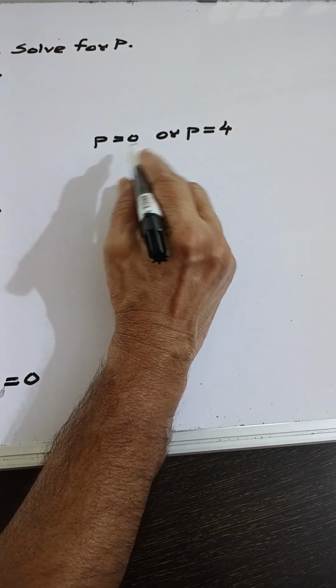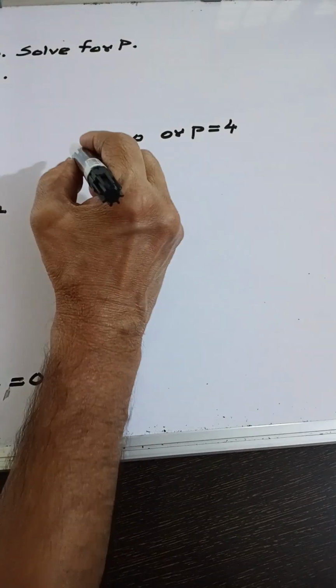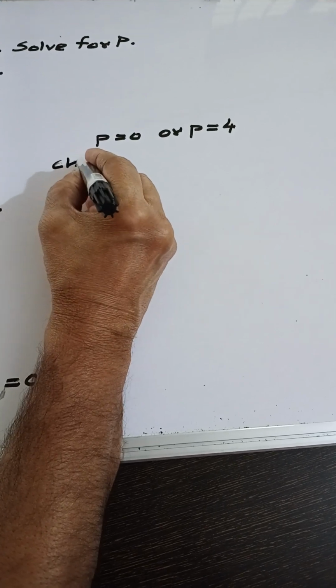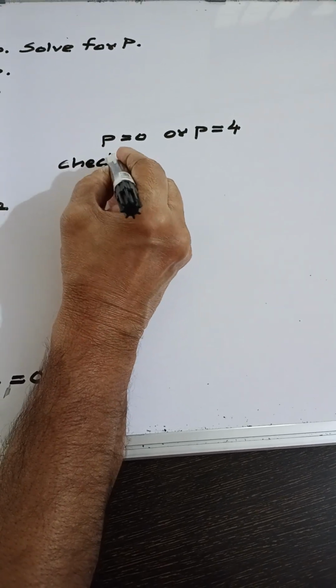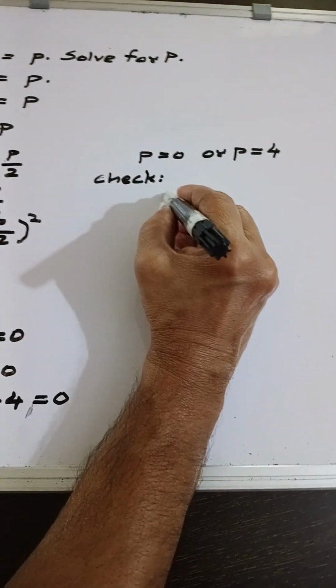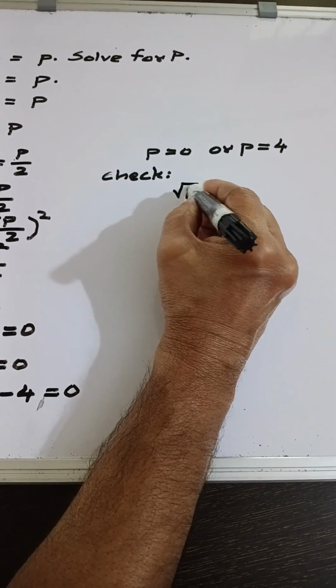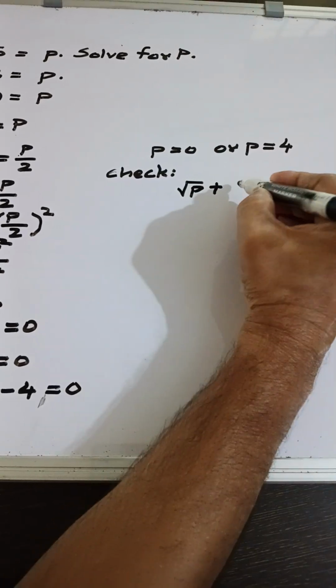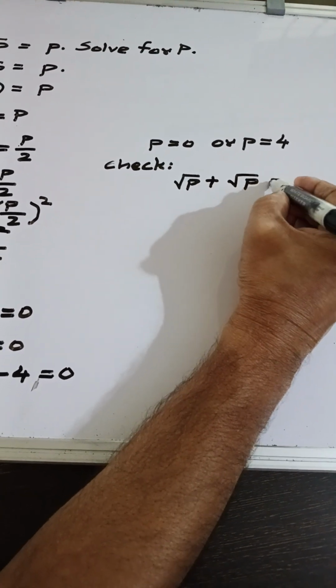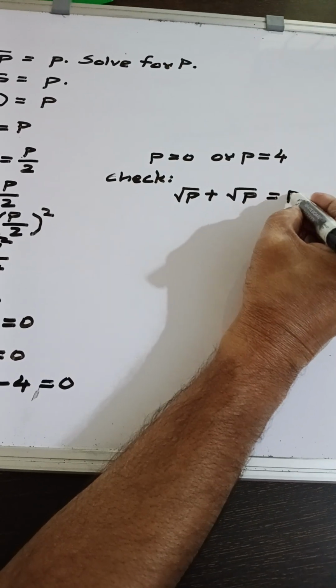And here there are two options. For that we have to check whether these are true or false. Check: root p plus root p equals p. That is the given equation here.